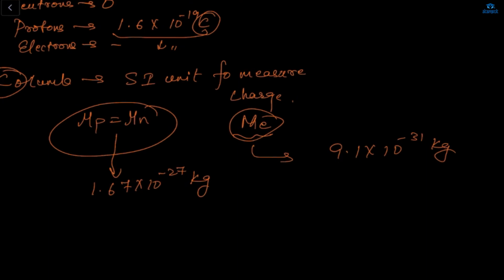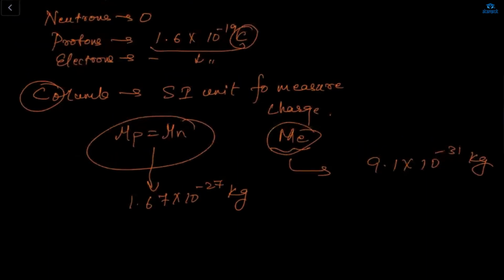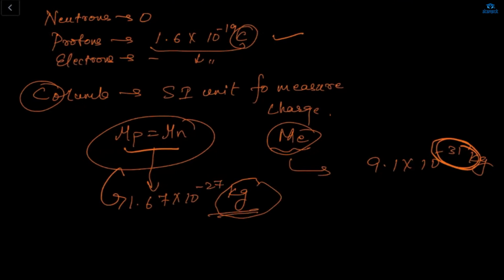You have to remember this. The electron mass is so small that we can just neglect it. Proton charge is 1.6 into 10 to the power minus 19 C. Mass is always in kg, and charge is always in C, coulomb, the SI unit to measure charge.